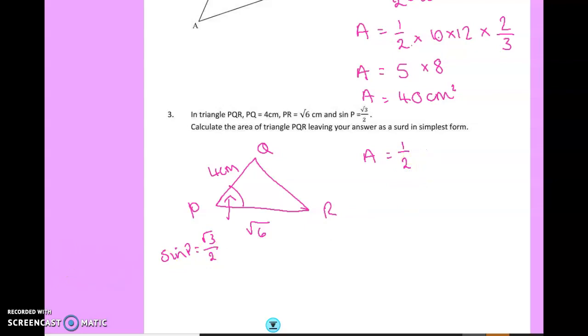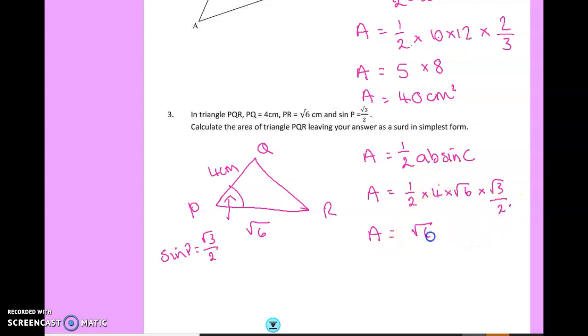So area of a triangle, it's half AB sine C, which is a half times 4 times √6 times √3/2. Okay, doing some tidying up then. A half of 4 is 2, divided by 2. They cancel each other out.